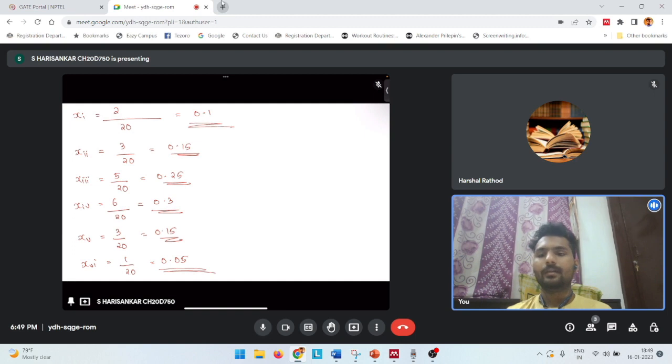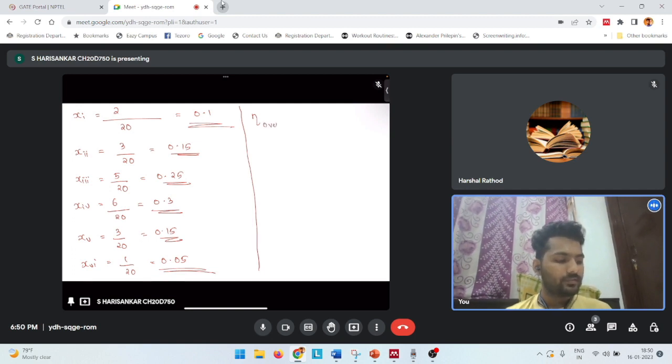So the mass fractions that we have obtained here are right. Now all we have to do is substitute the etas and the mass fractions x in the overall equation for collection efficiency. So eta overall will be eta 1 x1 plus eta 2 x2 plus etc. up to eta 6 x6.